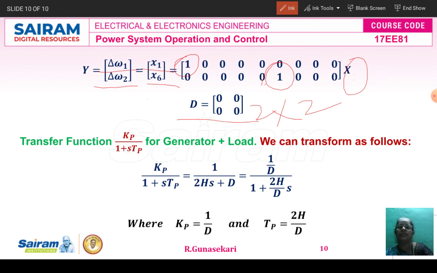Now the transfer function Kp divided by 1 plus s Tp is the transfer function of the generator plus load model, that is the power system model.